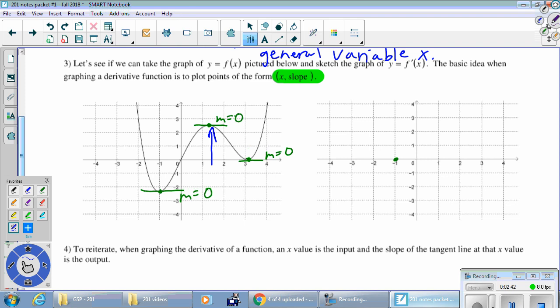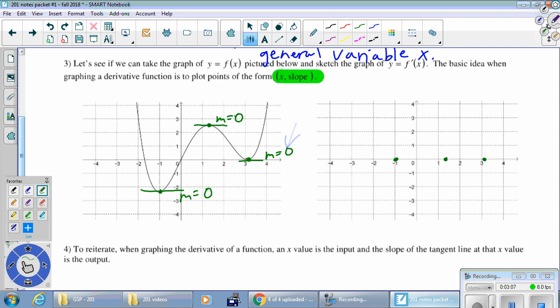All right, looks like the x is roughly 1.2-ish. X comma slope, slope is 0. 1.2 comma 0 is our next point right there. And then the last one looks like x is just a hair bigger than 3, x comma slope, so a hair bigger than 3 comma 0. So that's our third point, maybe right there.